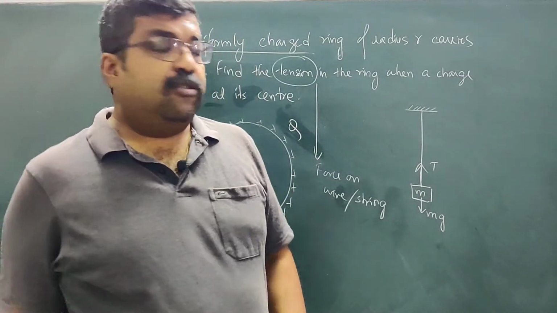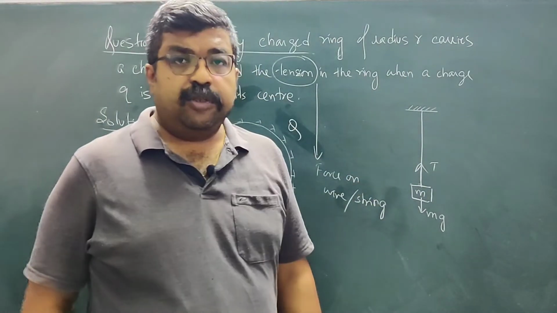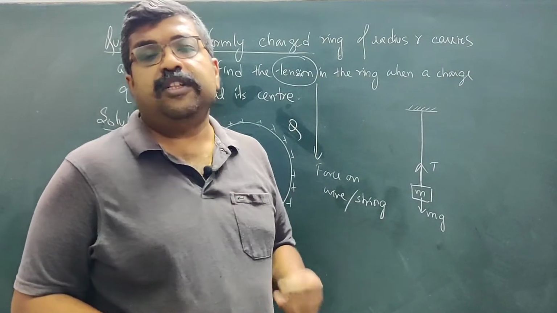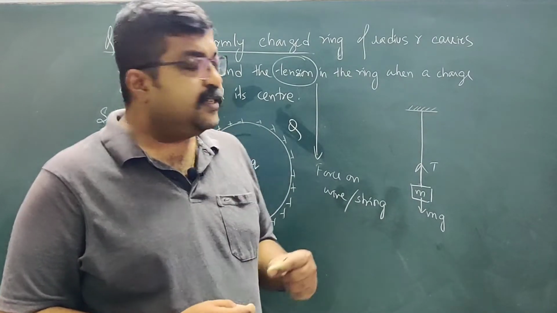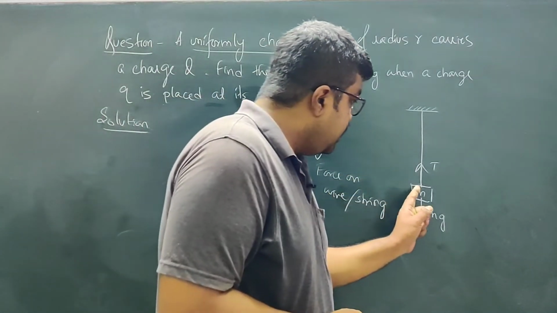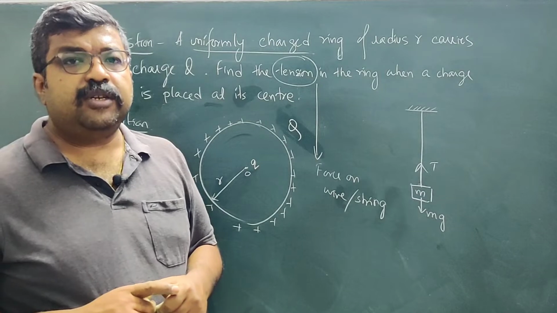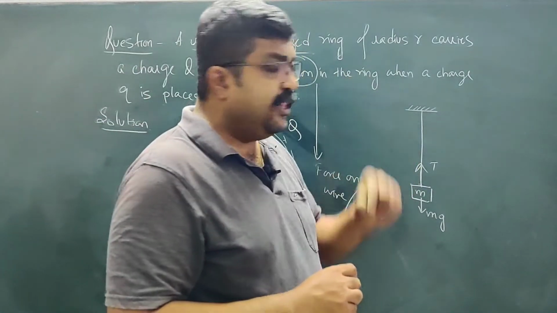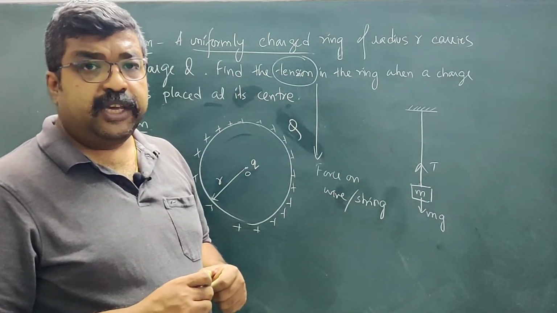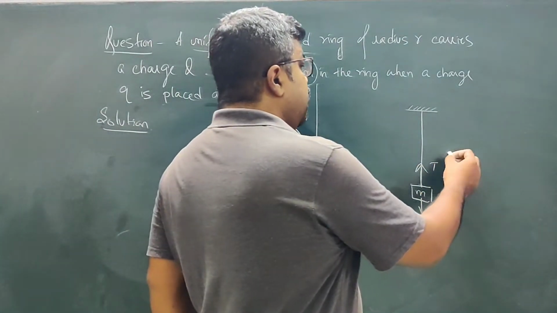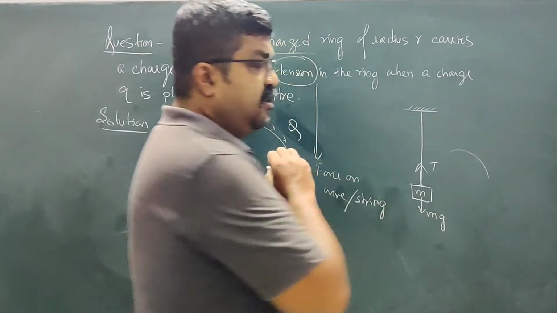This is how we approached the concept of tension in class 11. But there is a flaw in this concept. Here we have seen that the string is in a straight position and tension is along the length. But we have never seen a condition where you have a bent string.